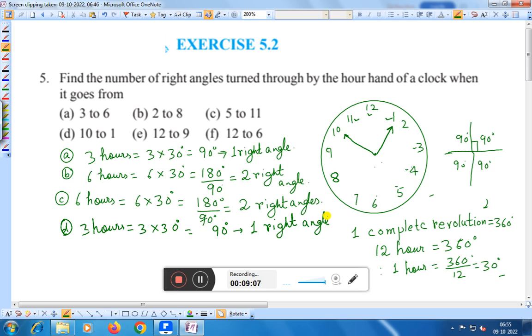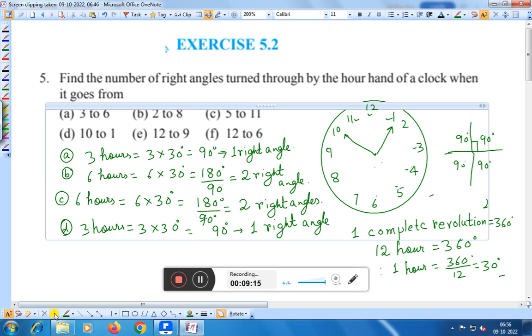Right? Now we'll deal with question number E and F. Let us find out question number E and F. First of all, we will rub this one.